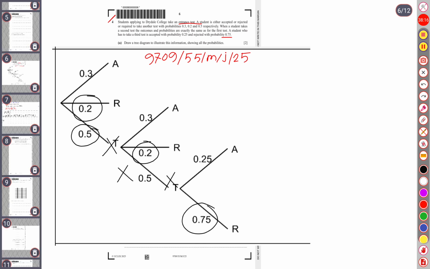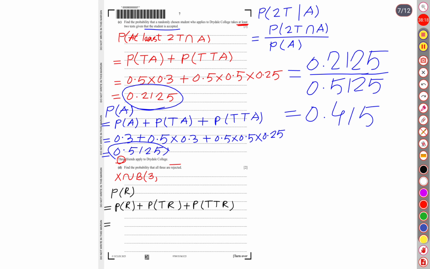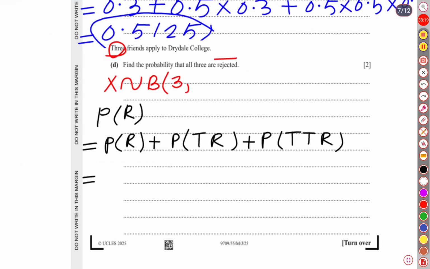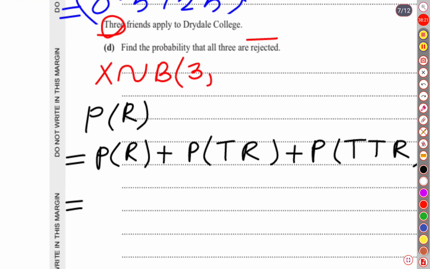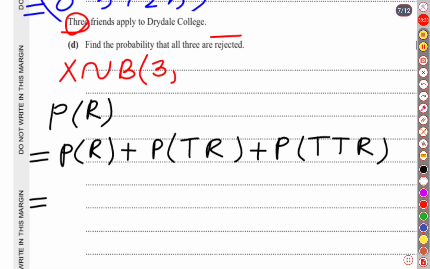Let us substitute this information. Probability of rejection: for first rejection probability is 0.2, or first chance for second test probability is 0.5, and for rejection probability is 0.2.